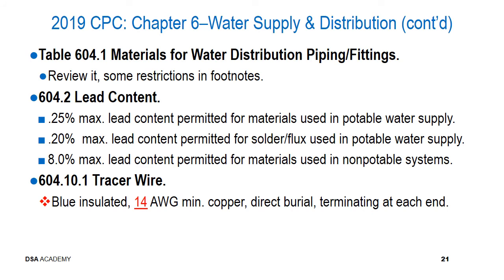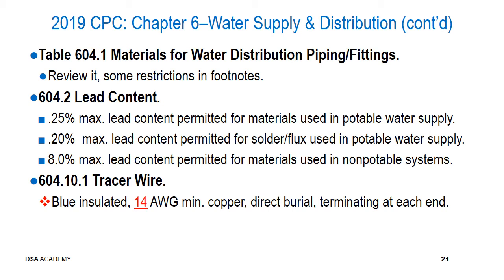Table 604.1 is a very useful table in verifying what are acceptable products to be used in the distribution of potable water. It's important to review it. There are some restrictions in the footnotes which should be reviewed and understood.